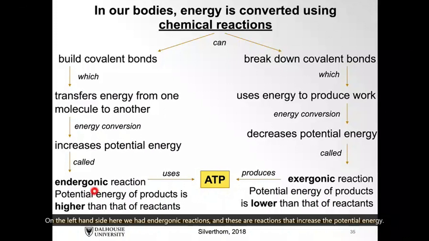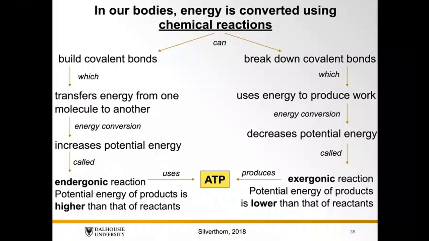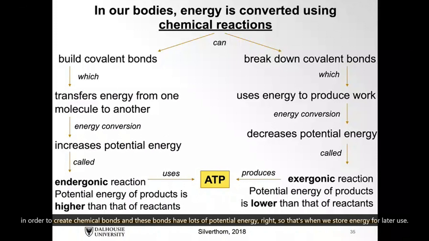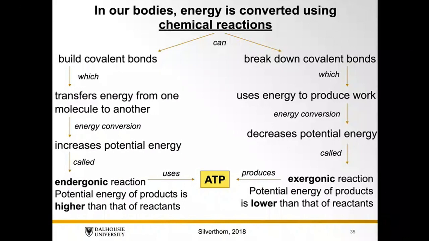On the left-hand side here, we had endergonic reactions, and these are reactions that increase the potential energy. In this type of reaction, our body uses ATP in order to create chemical bonds, and these bonds have lots of potential energy, right? So that's when we store energy for later use.